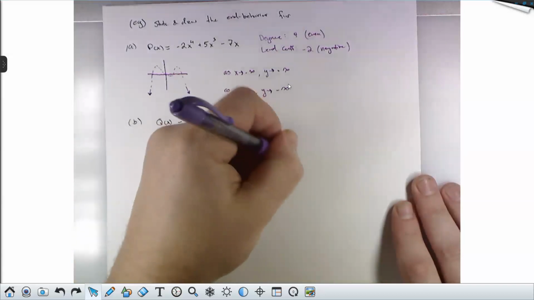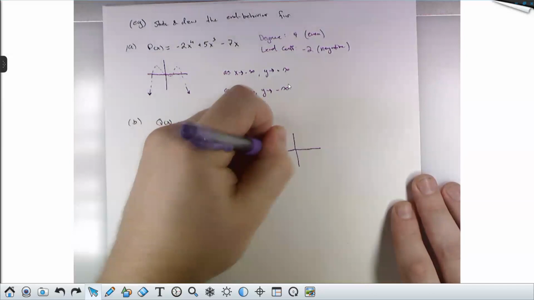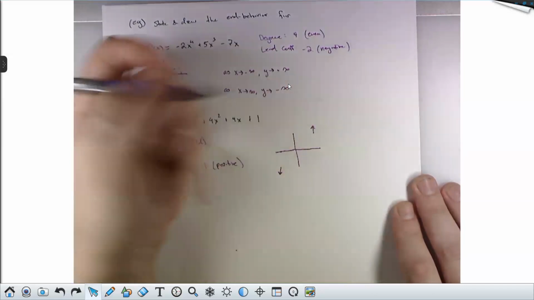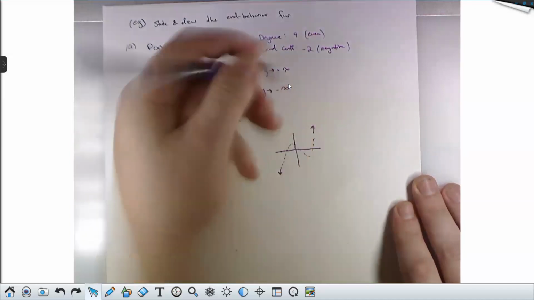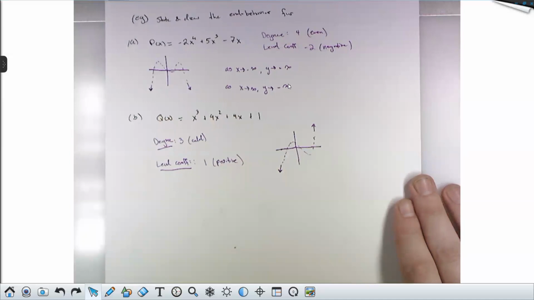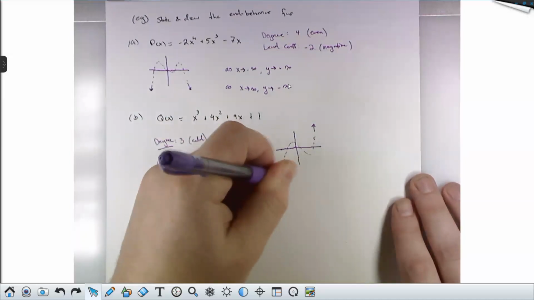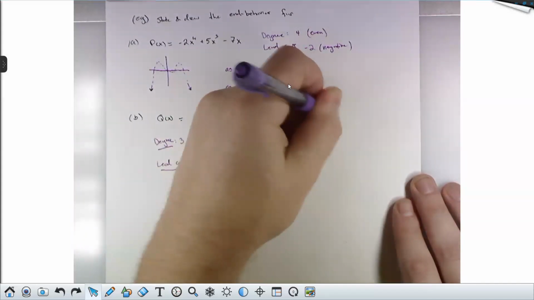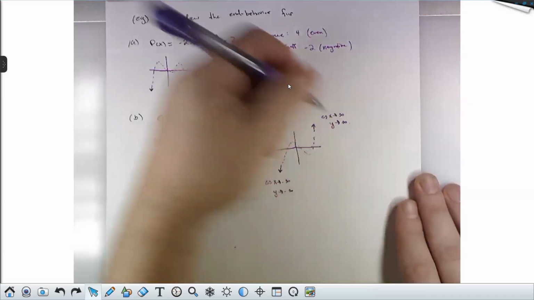So this guy has odd degree, so the arrows point different directions, and a positive lead coefficient. So the arrow on the left goes down, the arrow on the right goes up. And again, I have no idea what this thing does between those two. All I know is it has that sort of end behavior. And this guy would be as x goes to negative infinity, y goes to negative infinity. And as x goes to positive infinity, y goes to positive infinity.